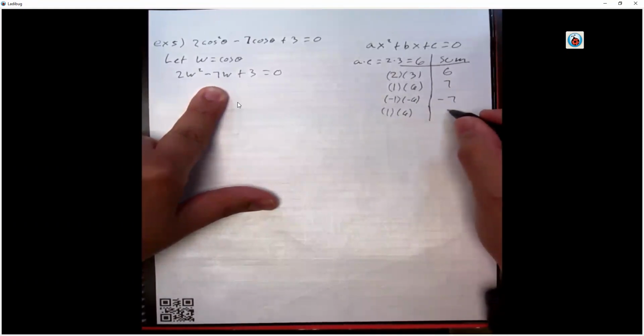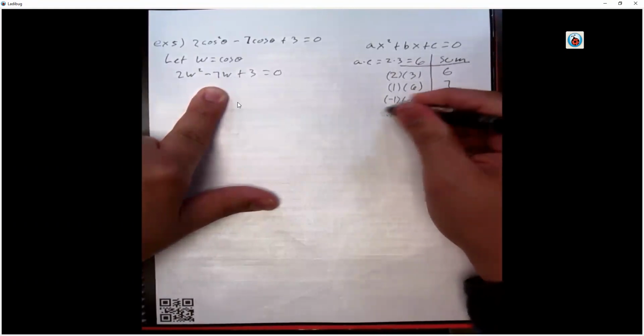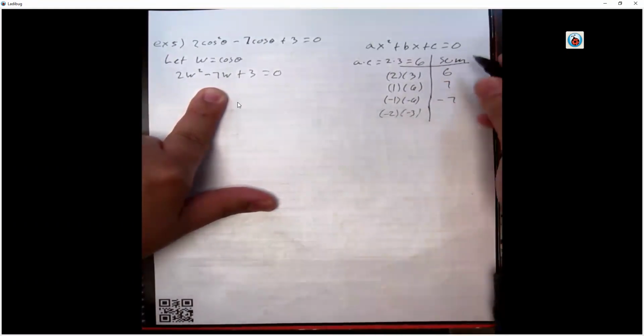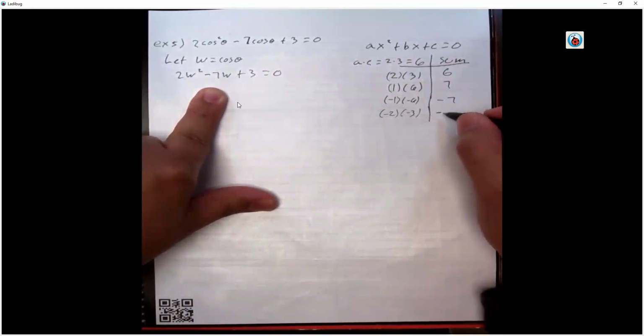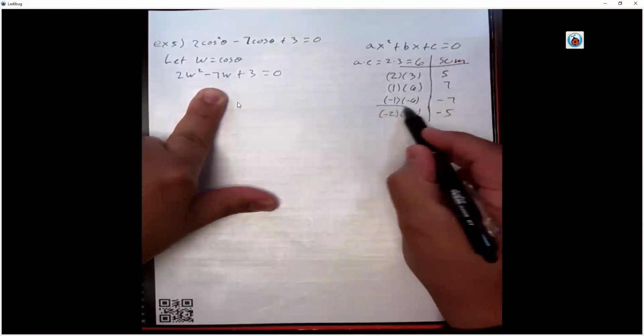There'll be 6, 7, and -7. So we'll choose the middle one, right?